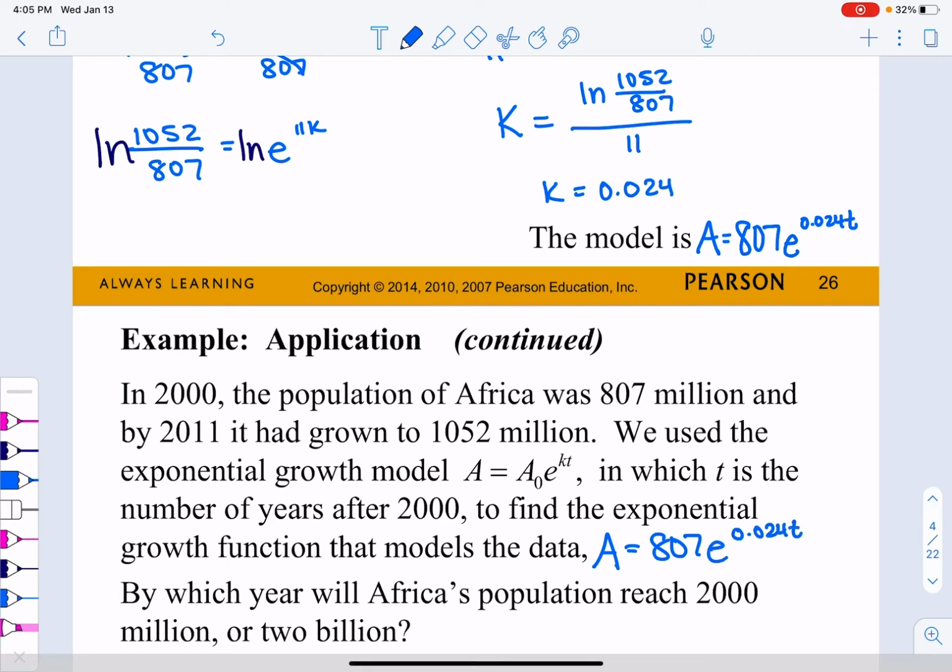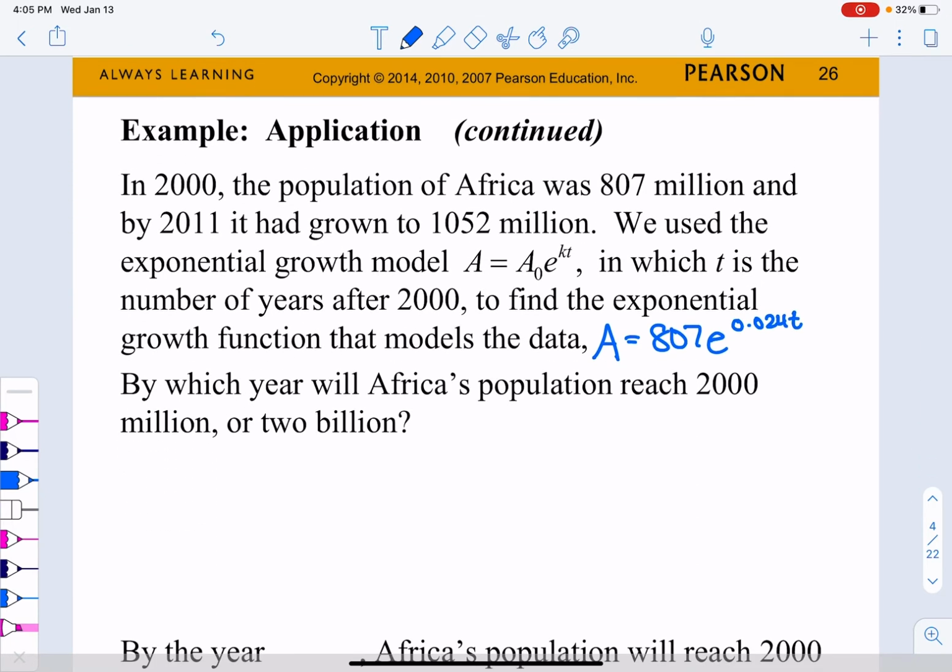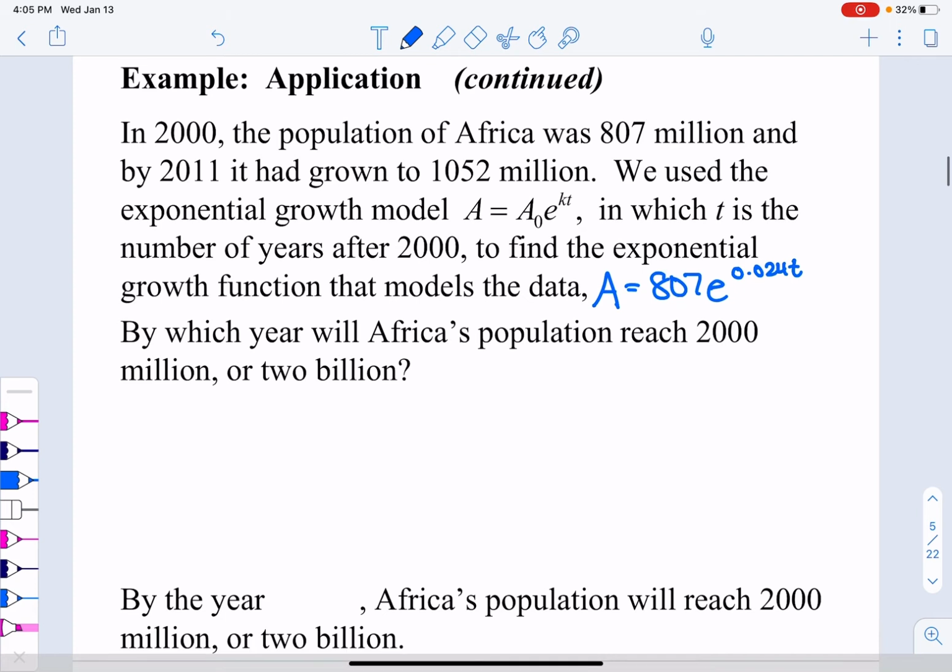So now it had in 2000, the population of Africa, still 807 million, and by 2011 it had grown to 1052. We used the exponential growth model, A is equal to A sub 0 times e to the kt, in which t is the number of years after 2000, to find the exponential growth function that models the data. That's our function. So now it wants to know by which year will Africa's population reach 2,000 million, or 2 billion.